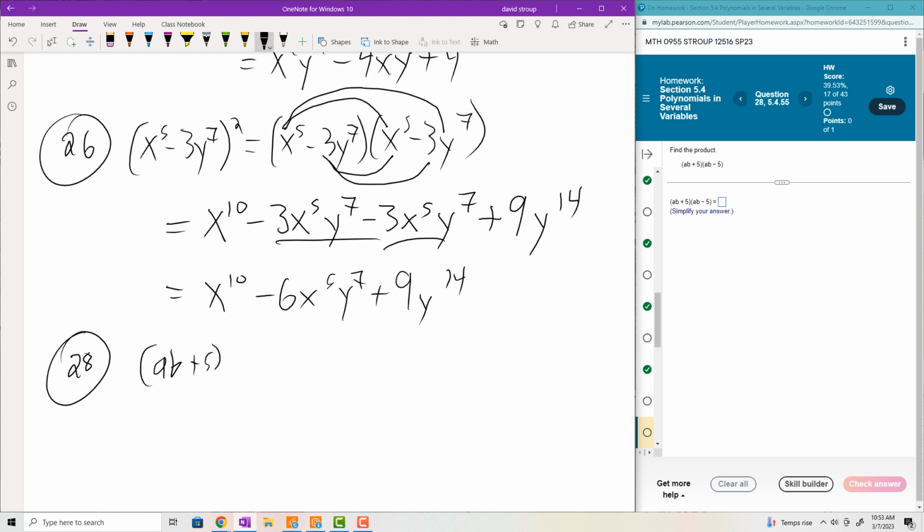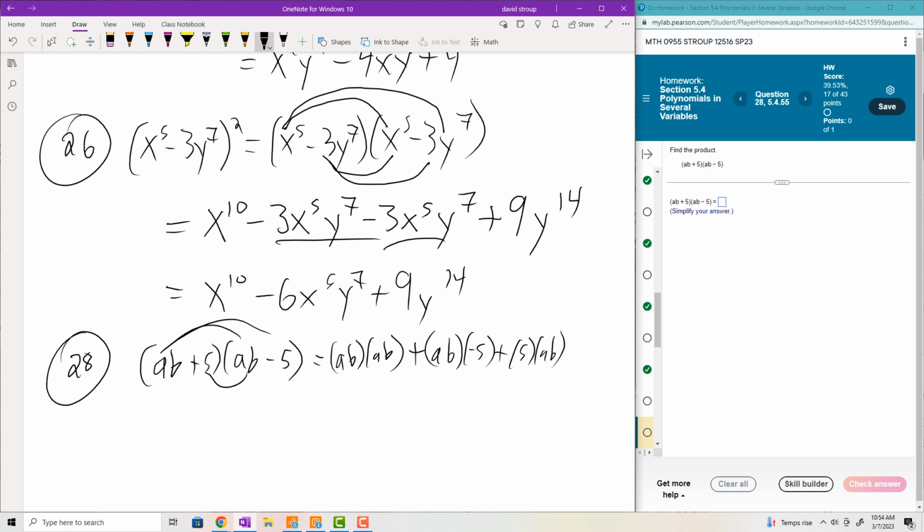Okay, so we'll try 28: AB plus 5 times AB minus 5. You could still just FOIL, and you'll note that the inner and outers cancel. So AB times AB plus AB times negative 5, then the inner plus 5 times AB, and the last plus 5 times negative 5.